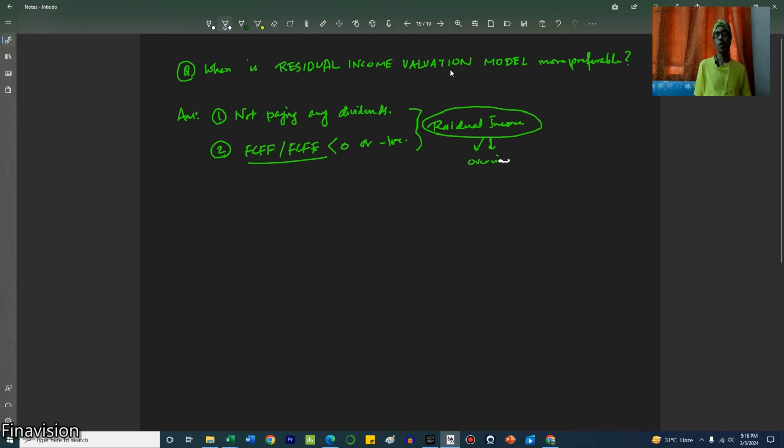Let's say you have invested in a company named ABC and your required rate of return is 11%. Required rate of return means what? You have foregone the second best opportunity to choose this because you feel this company has a probability of giving you better return than 11%.